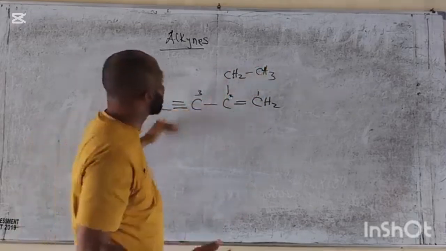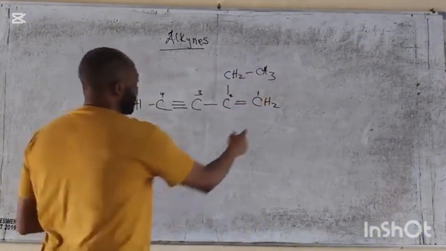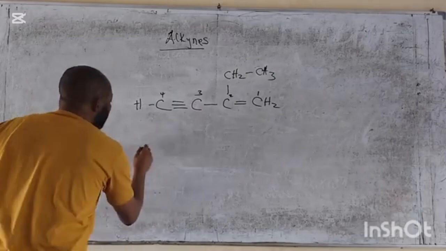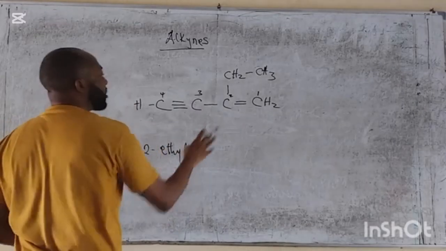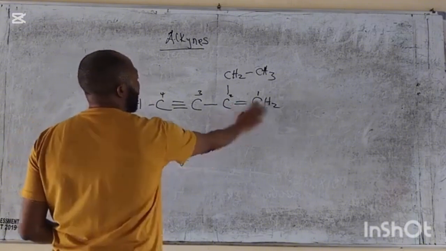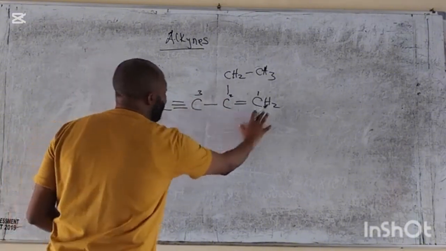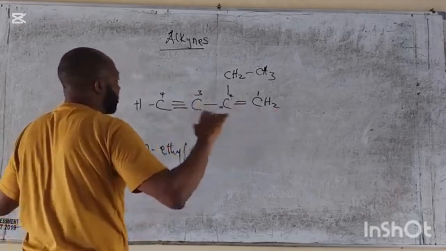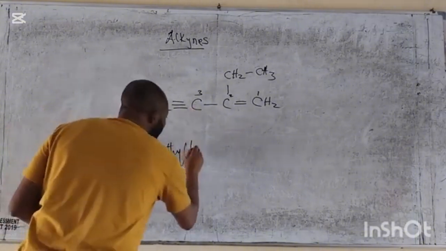If I go this way, this becomes my substituent. So I have ethyl in 2. So I say this is 2-ethyl. The chain is 4, which is supposed to be butane or whatever it is. So I call it 2-ethylbut.